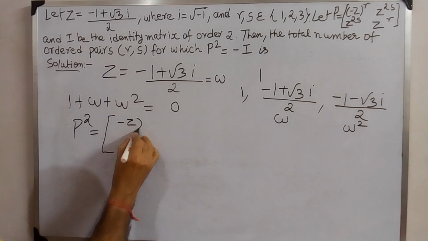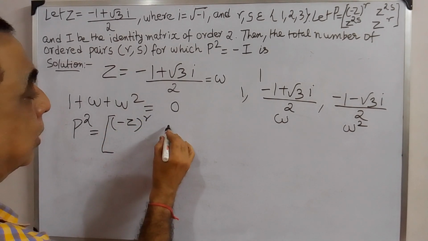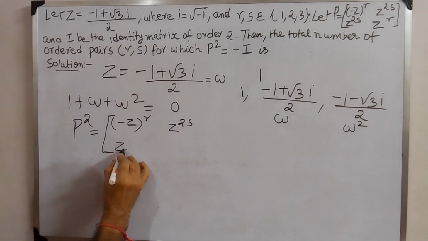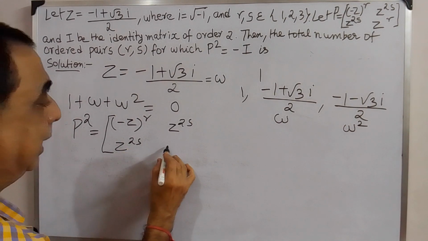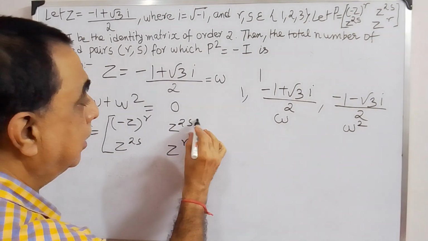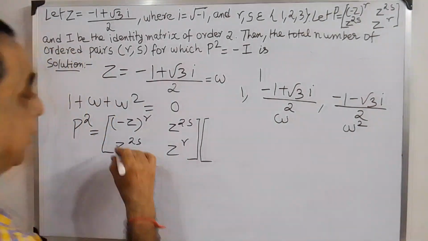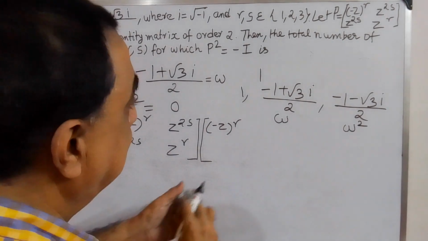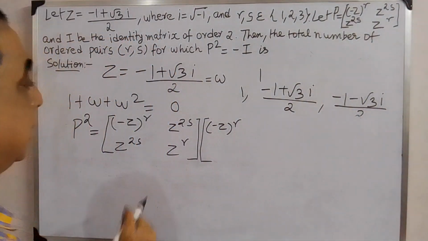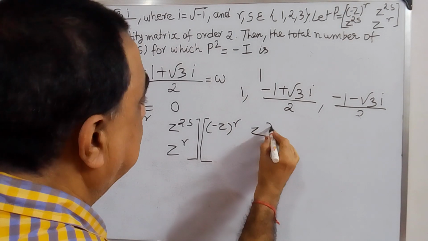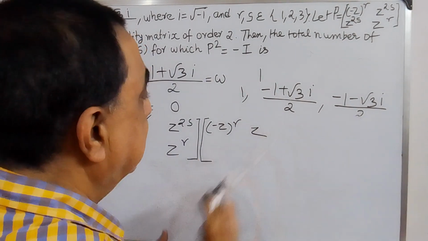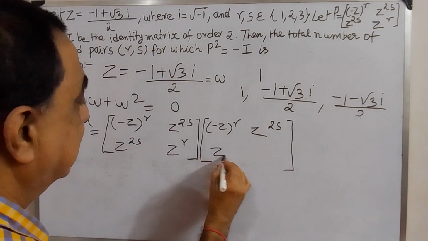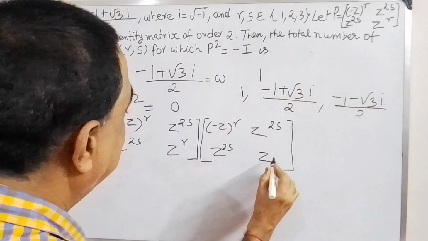So this will be minus z to the power r, z to the power 2s and z to the power 2s, z to the power r, multiplied with the same matrix: minus z to the power r, z to the power 2s, z to the power 2s and z to the power r.